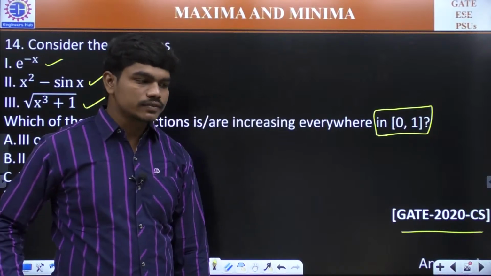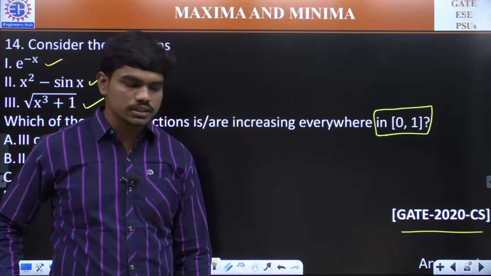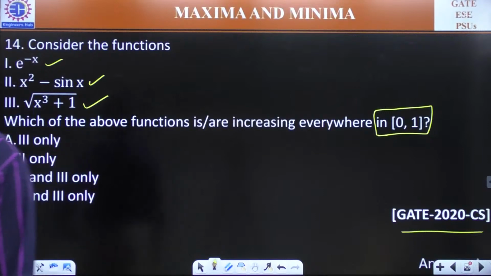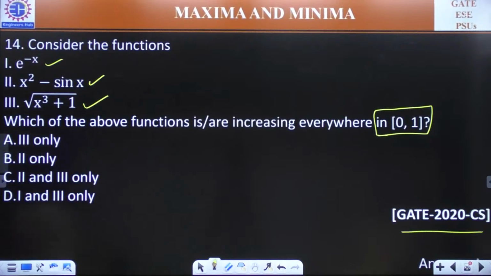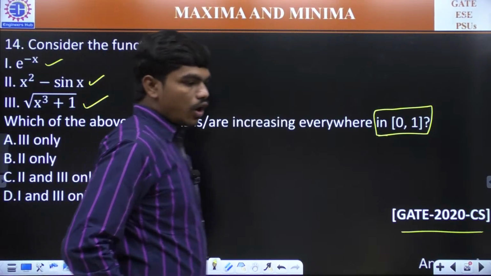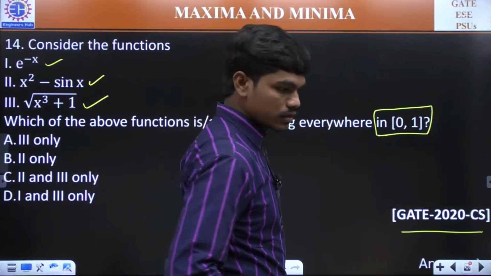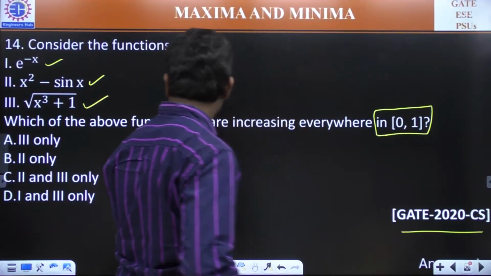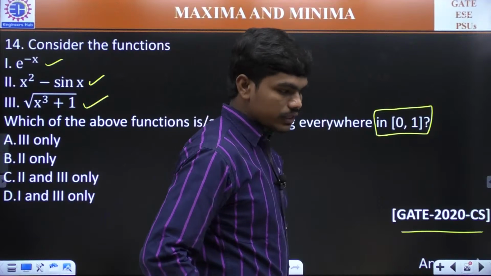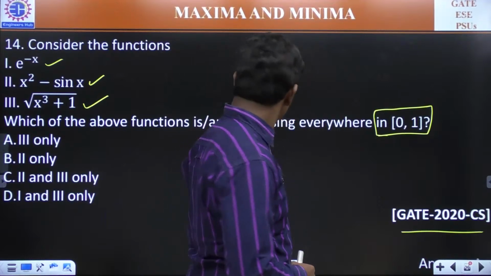So please try to answer this question. It's a very easy question. So please try to answer this. Option C, 1 and 3. Option C, 2 and 3. Okay. Then what are you left with?